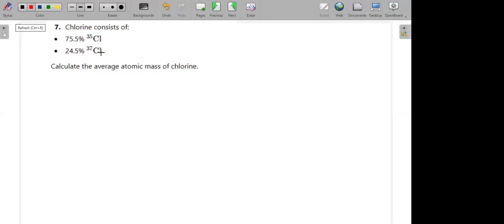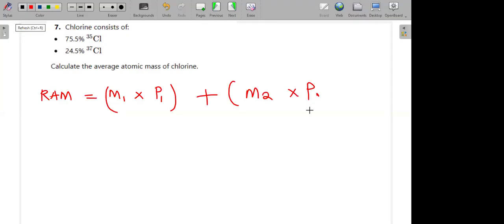So there we're just going to use the formula that we just discussed. I'm going to say the average atomic mass, which is just RAM, is equal to the mass of isotope 1 multiplied by the percent of isotope 1 plus the mass of isotope 2 multiplied by the percent of isotope what? 2. So what is the mass of isotope 1? Isotope 1 is this one here.